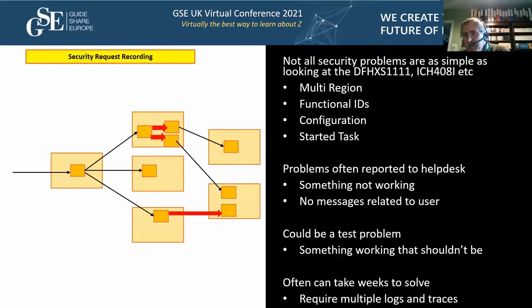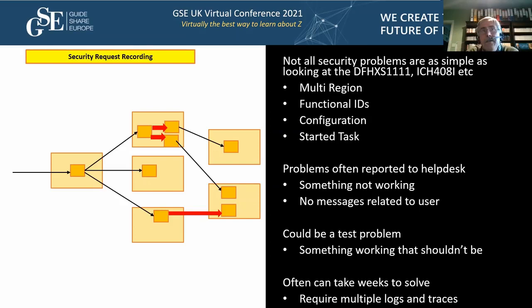But there was another sort of problem, which typically is rather rarer, but when it occurs, is very difficult to diagnose. And this is the sort of help desk problem where somebody's reporting an error and you may not get any symptoms, or you may not be able to find the messages that are occurring.